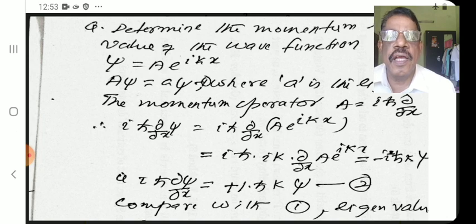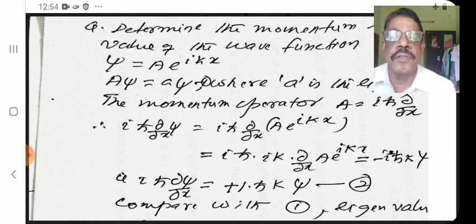So we get minus. You remember the momentum operator is minus I h cut dou by dou x. You have to put the minus. The momentum operator A is equal to minus I h cut dou by dou x. Remember, so that minus is here. Minus I h cut into ik, that is minus I square h cut k.